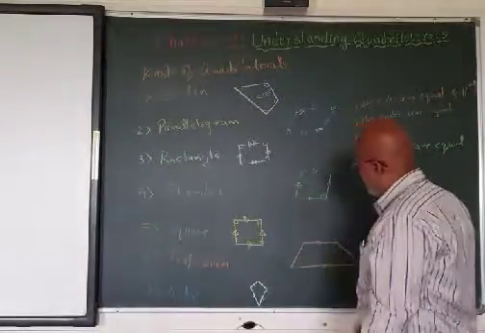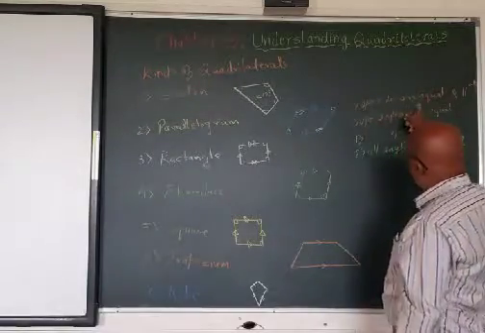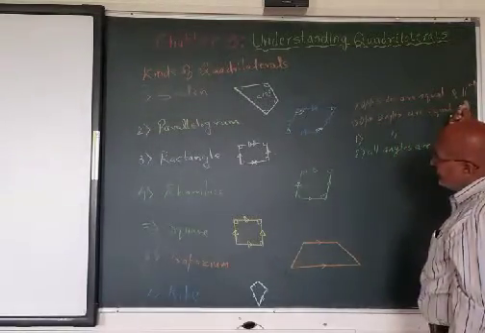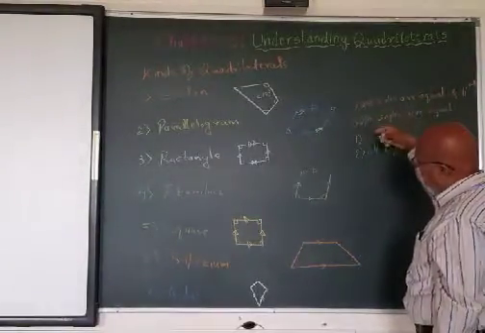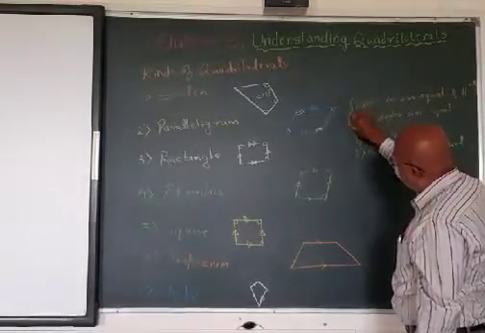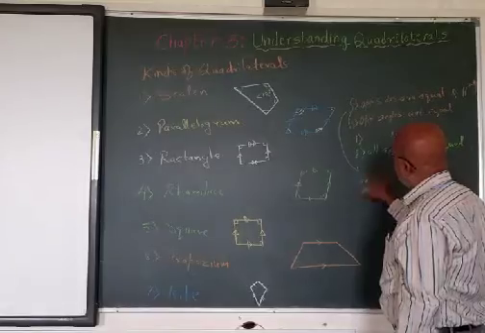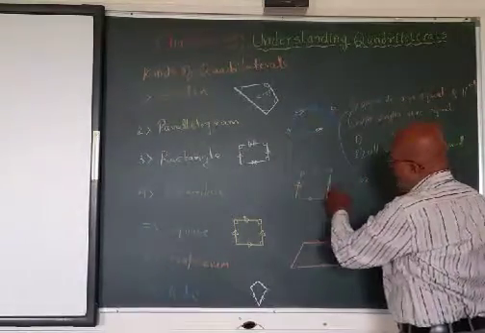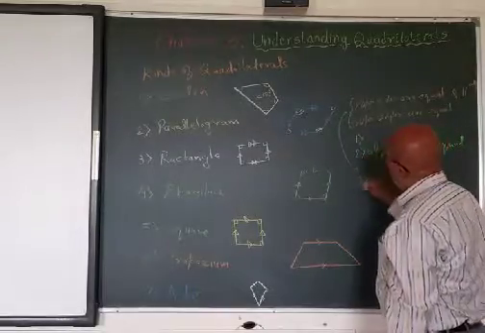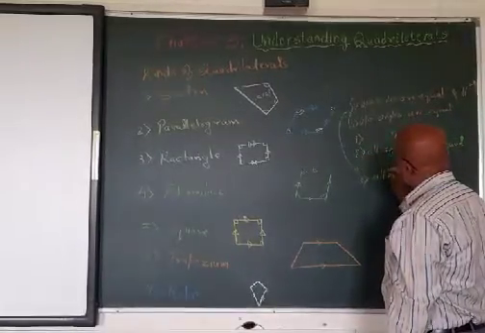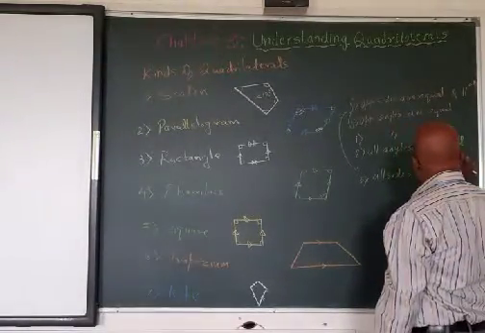Then comes rhombus. Now in rhombus, what is there? Opposite sides are equal and parallel, and opposite angles are equal. These two are there as they are, but with that the third property of the rhombus is that all sides are equal.